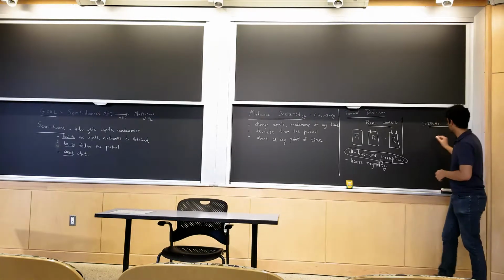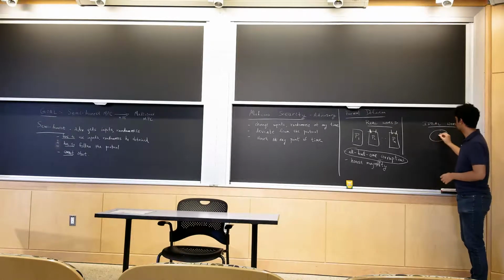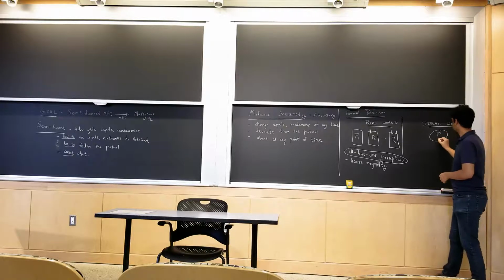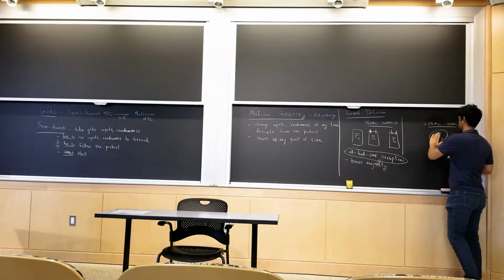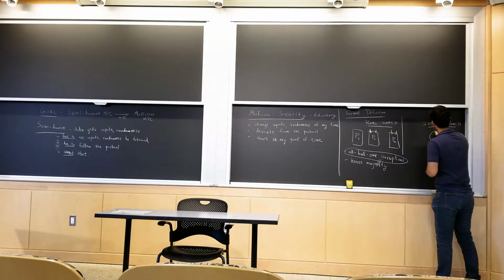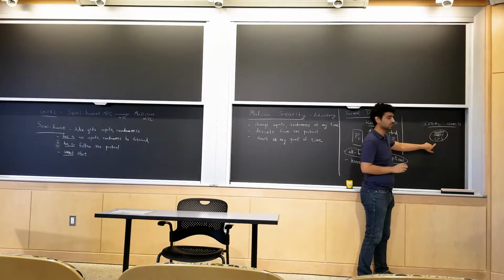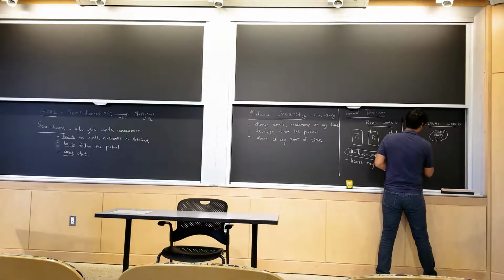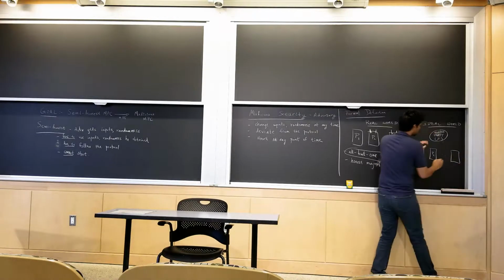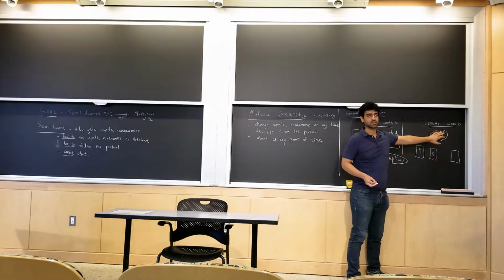In the ideal world, we have this trusted party who has the function f that is being computed. There are all these parties that don't communicate with each other, but instead only communicate with the trusted party.